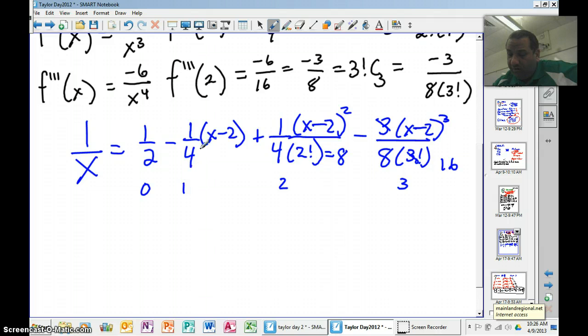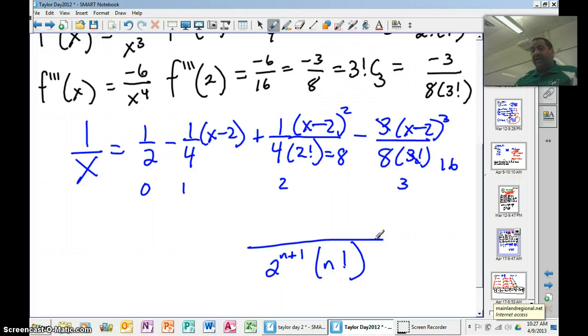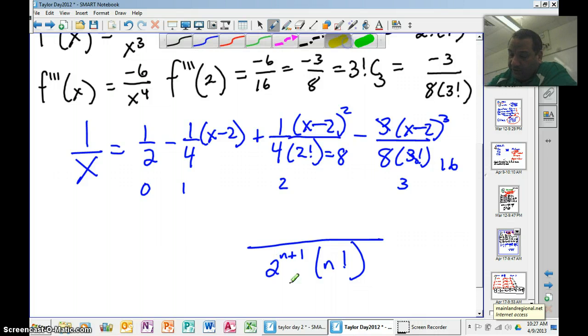Now it's just like a puzzle. So 0 to 2, 1 to 4, 2 to 8, that is on the bottom, 2 to the n plus 1. And then I'll do n factorial. How's that? That works. I guess I could get a little crazier, but this is what I have. Watch, 2 to the n plus 1 is giving me this number in front.